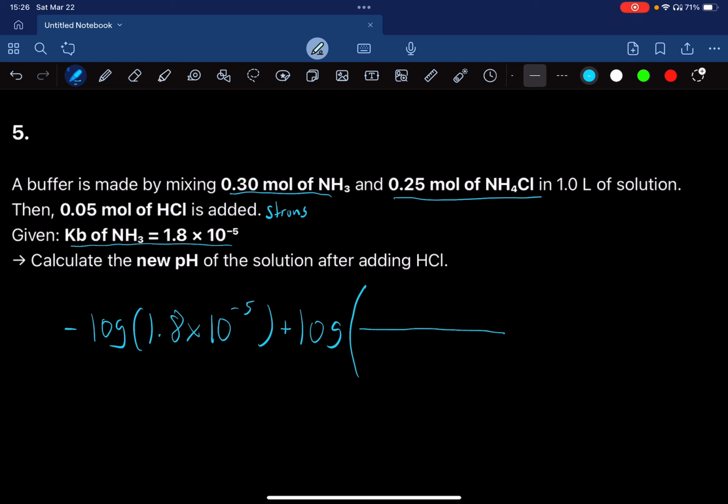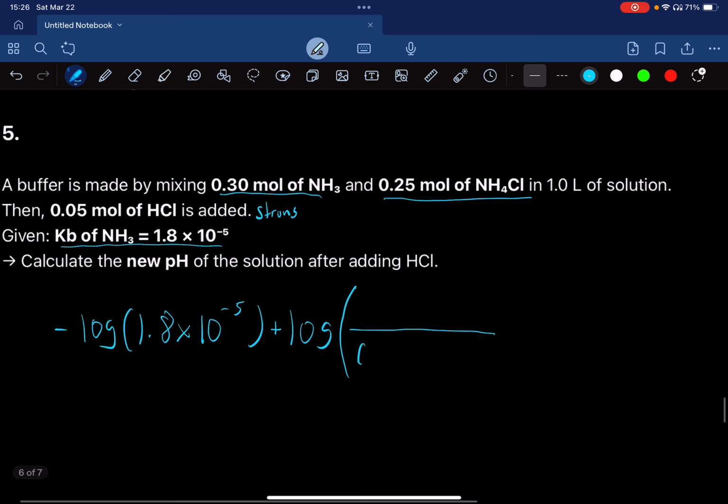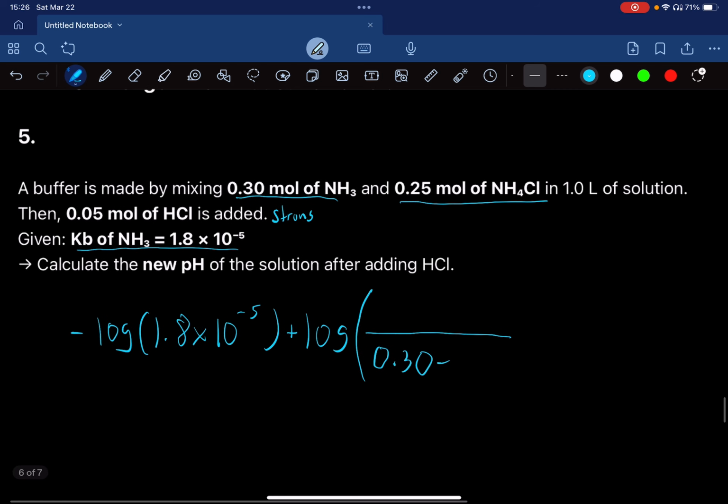So base will be at the bottom. So we're going to have 0.3 minus 0.05.